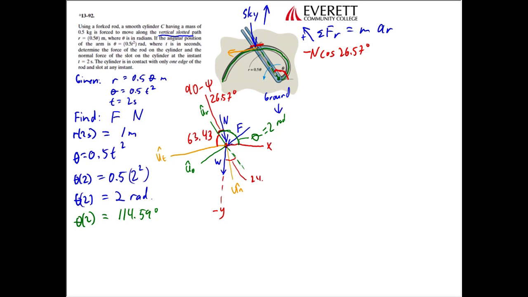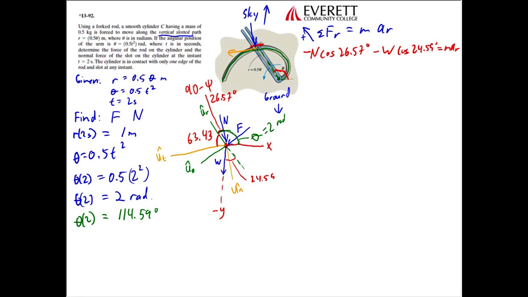Okay, with that 24.59 degrees, we can go ahead and figure out what the component of the weight is in the radial direction. Looks like it's going to be negative, and we can say that's negative weight of our cylinder times the cosine of 24.59 degrees. And all of that's going to equal mass times acceleration in the radial direction.